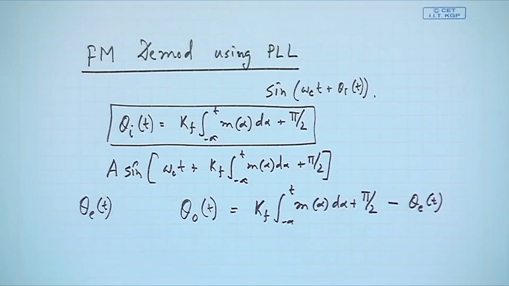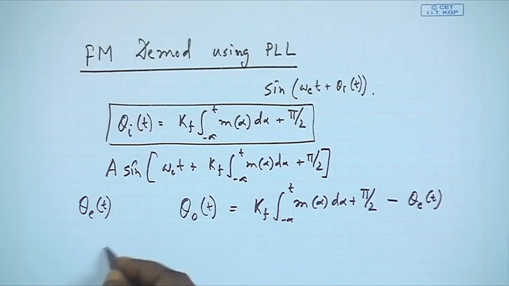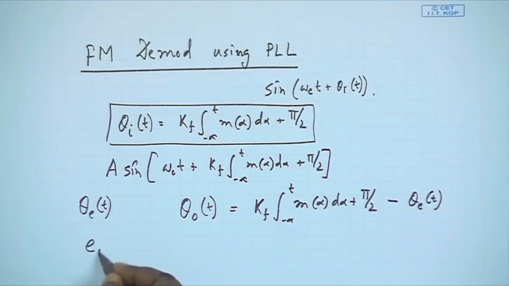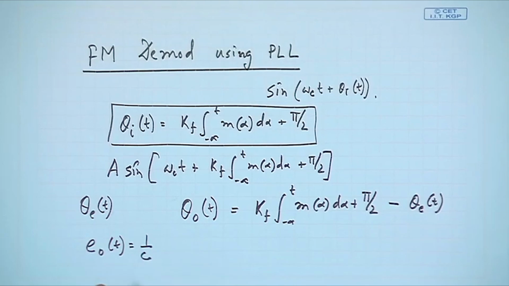But what we also know is that this θo(t), if we now try to see the error signal that is being generated by PLL, that is e0(t), that is nothing but the differentiation of this output phase, and with a factor 1/c, which is the factor of PLL, right. So, 1/c times the differentiation of θo(t).